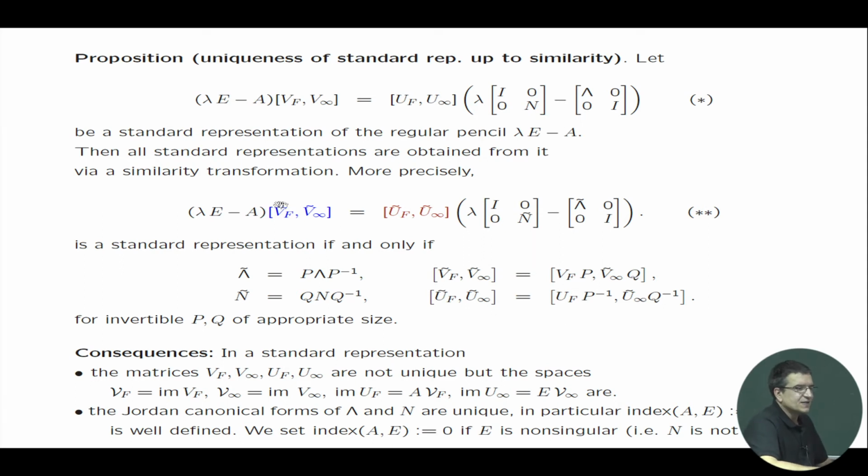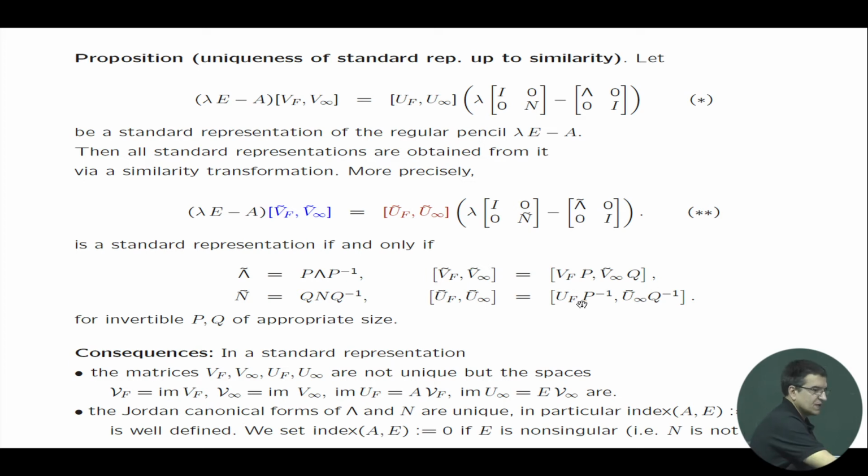So, here's the statement. If we have another standard representation if and only if the lambda tilde and the n tilde are similar to the lambda and n, and the v's and the u's transform in this way.